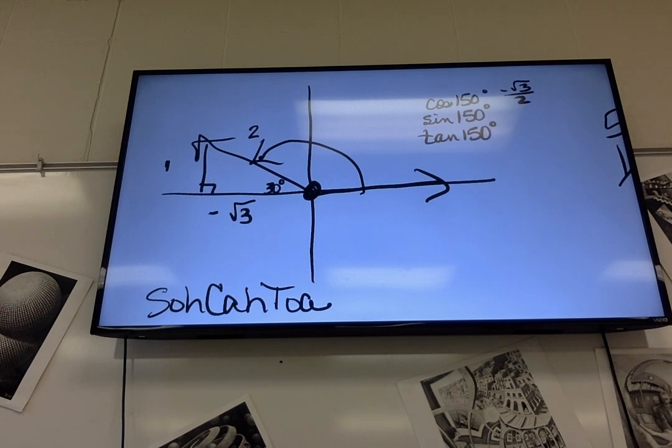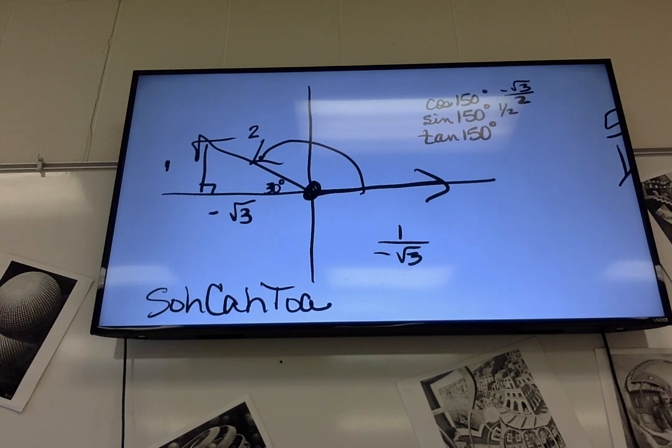Sine of 150, what would that be? Opposite over hypotenuse. So that's what? 1 over 2, yep, 1/2. And tangent of 150? Opposite over adjacent. So it's 1 over negative square root of 3, right?